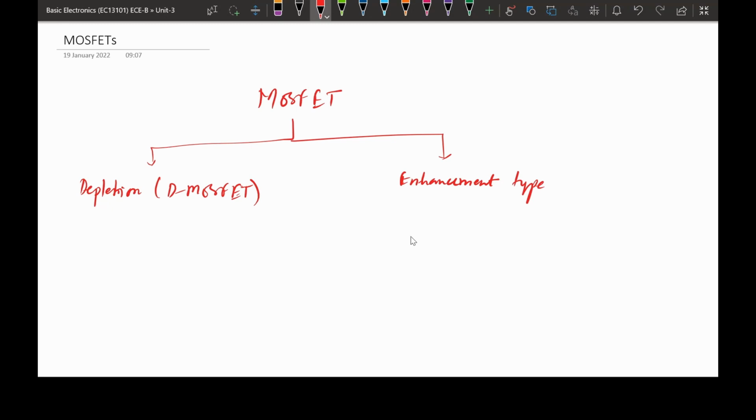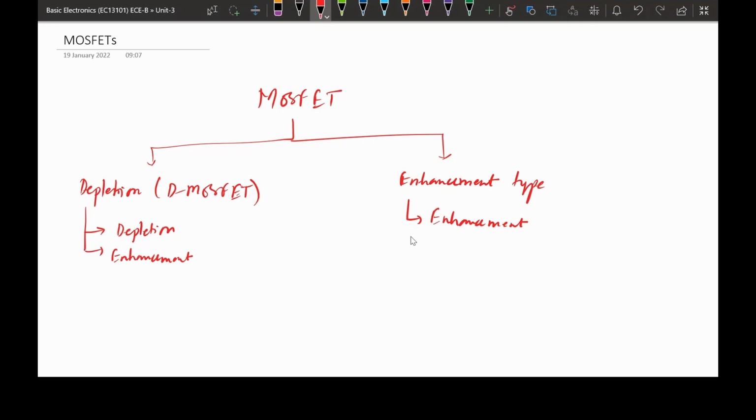And this depletion type MOSFET, we have seen it can operate either in depletion mode or in enhancement mode. But the enhancement type MOSFET can operate only in enhancement mode.